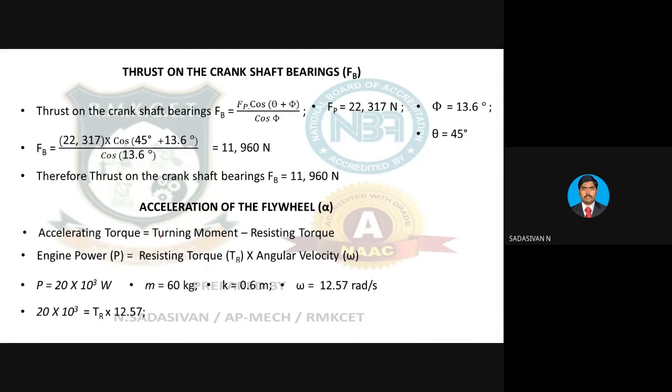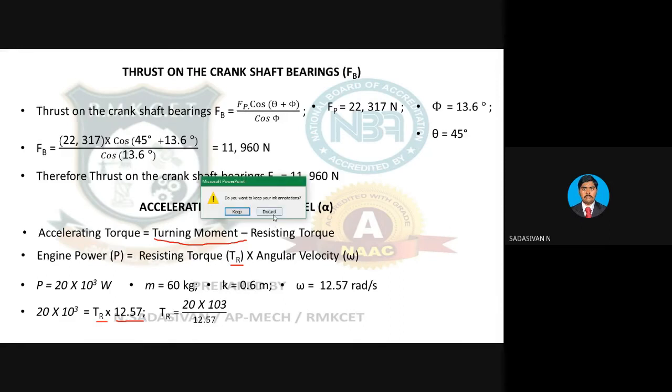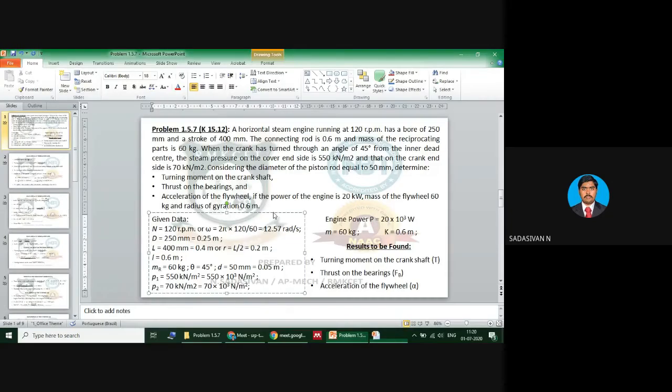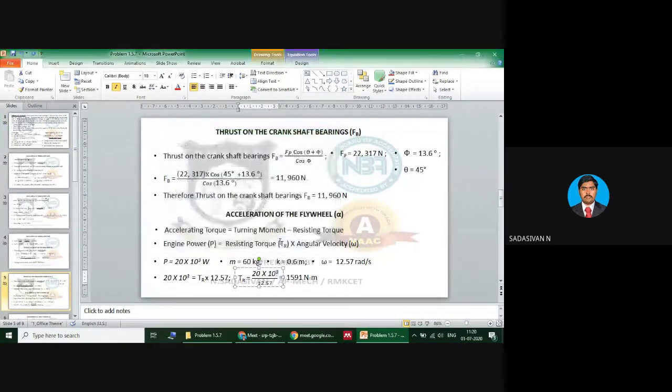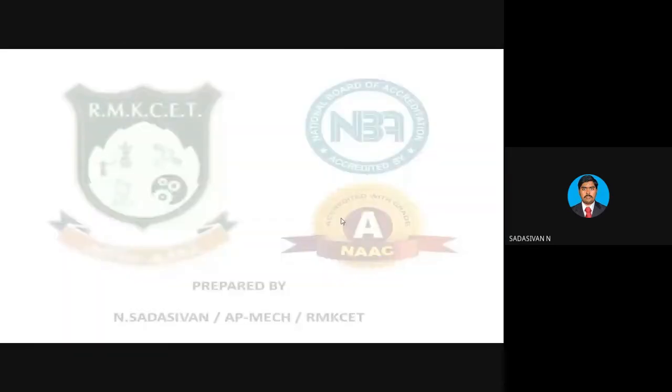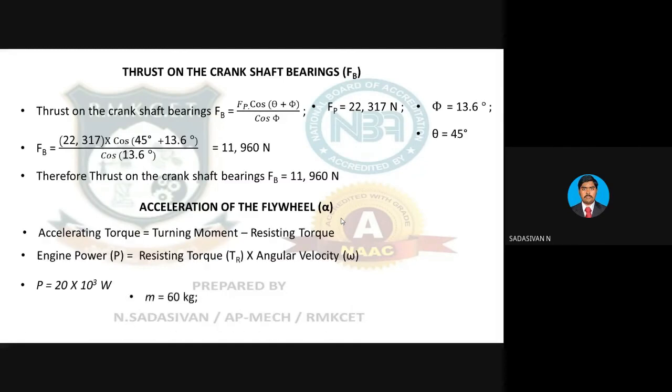There are two torques. Total torque T you already calculated. Resisting torque I am going to find from this formula. So TR into omega 12.57. TR equals 20 into 10 power 3, not 103, divided by 12.57 radians per second.